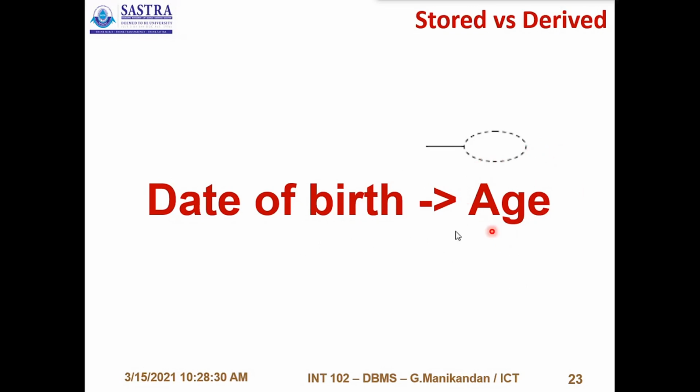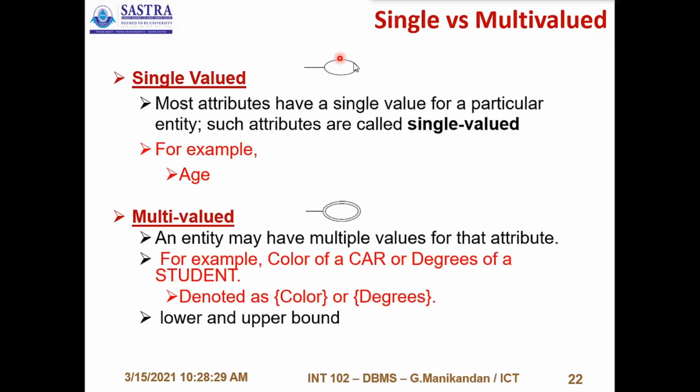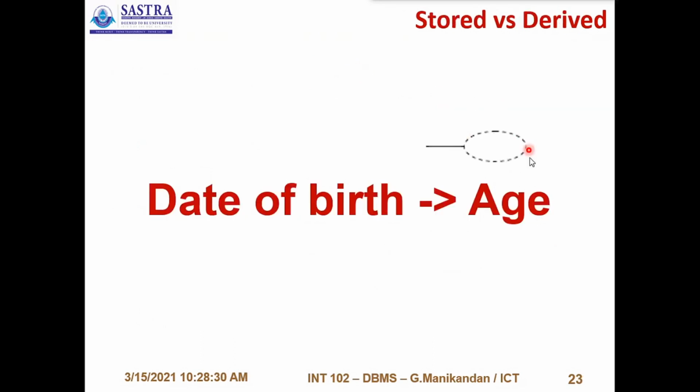In that case, explicitly don't store age as part of your database. So date of birth is an example of a stored attribute, and age is an example of a derived attribute. This is the notation for a stored attribute, and this is the notation for a derived attribute.